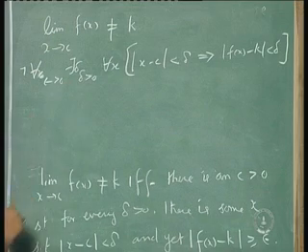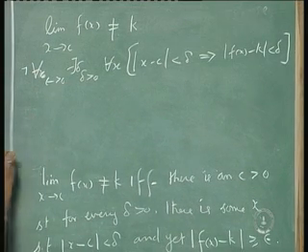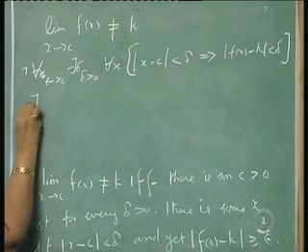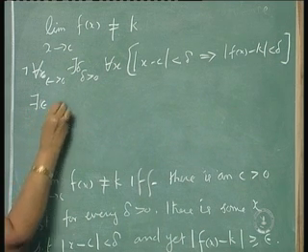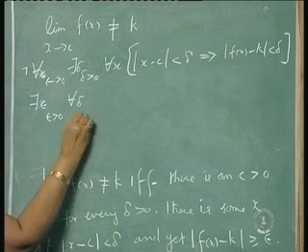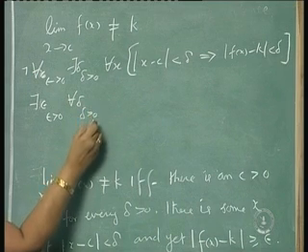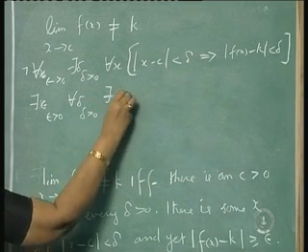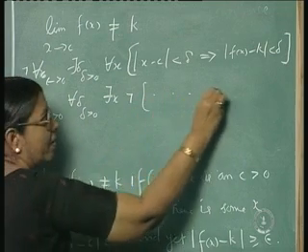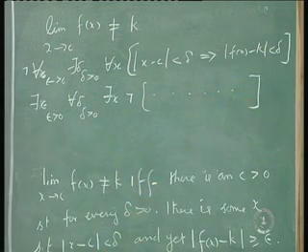Now, if you bring this not inside, this will become there exists epsilon greater than 0, for all delta greater than 0, there exists x, then not of this.